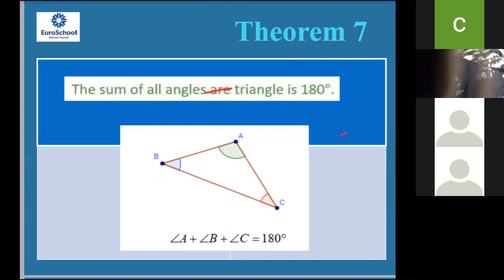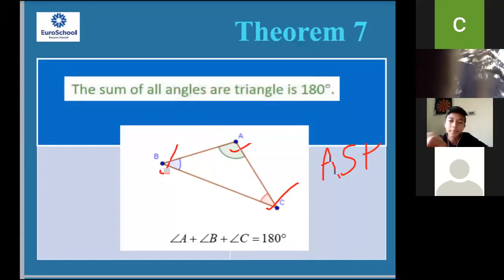Yes, we know that three interior angles are formed in a triangle. So in the given example, angle A plus angle B plus angle C gives 180 degrees. So what is one more name given for this? Angle sum property. In short form, we write it as ASP. Do you remember, children? Yes, ma'am.